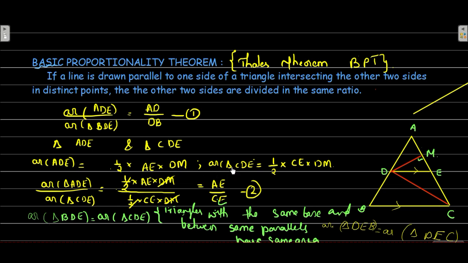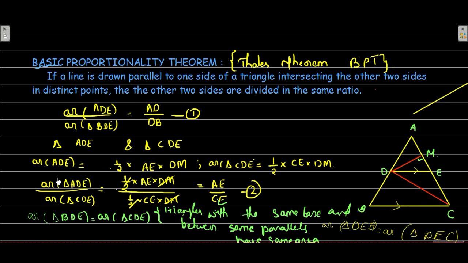Whereas, if we consider the triangle CDE, here the base is EC and the altitude that falls outside the triangle, that is DM, is the height of the triangle CDE and CE is the base. So, the area will be half into base, that is CE, into height, that is DM.